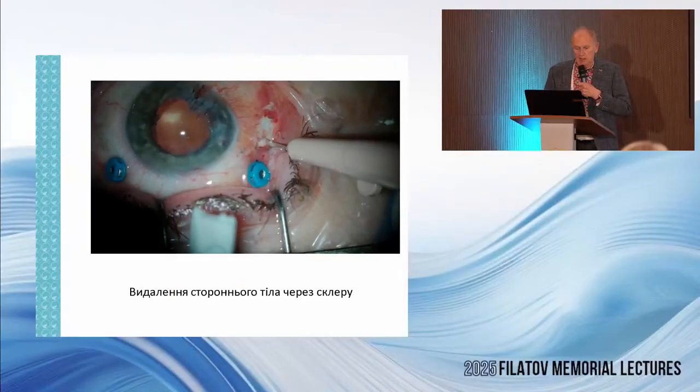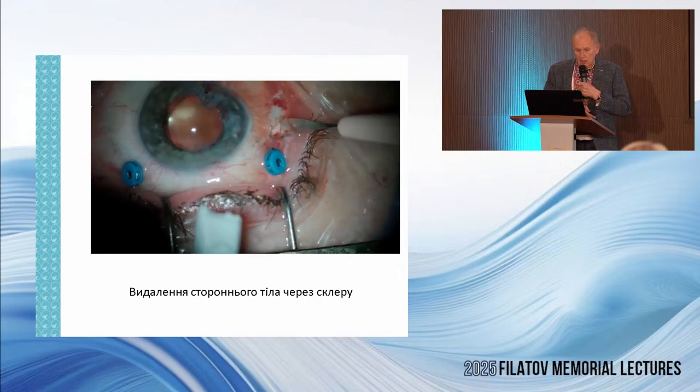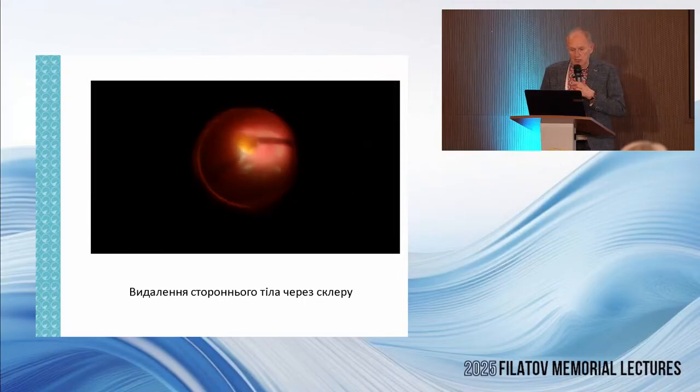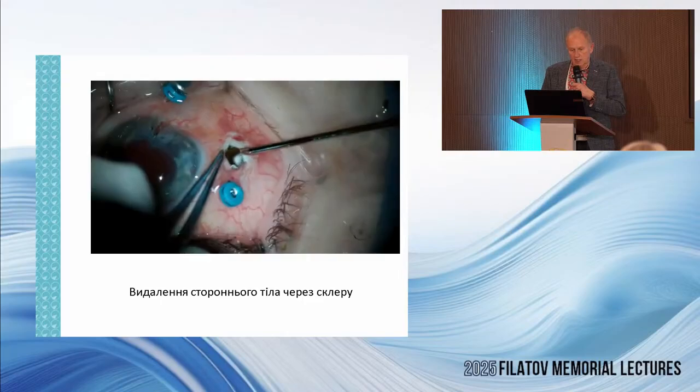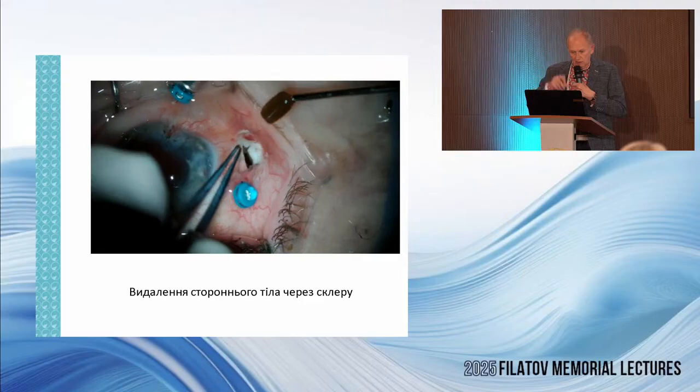This is how the situation looks. The lens has been implanted previously and we didn't want to move anything there, so we're removing that foreign body through the scleral opening we have widened.